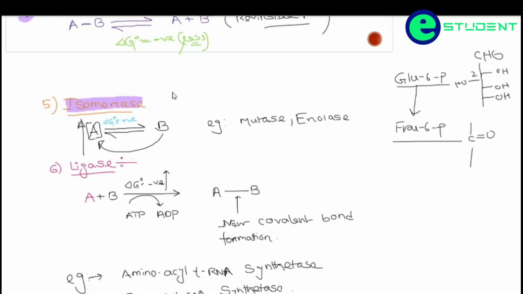So in the case of any isomerization reaction, the concentration of substrate must be very high to run the reaction in the forward direction. Okay, and examples of this class of enzymes are mutase, enolase, and isomerase itself is also an example of this kind of enzyme.